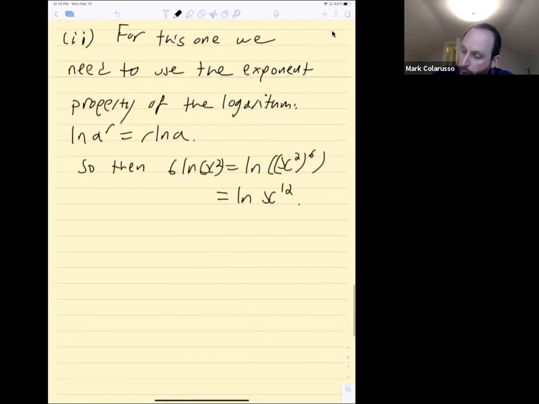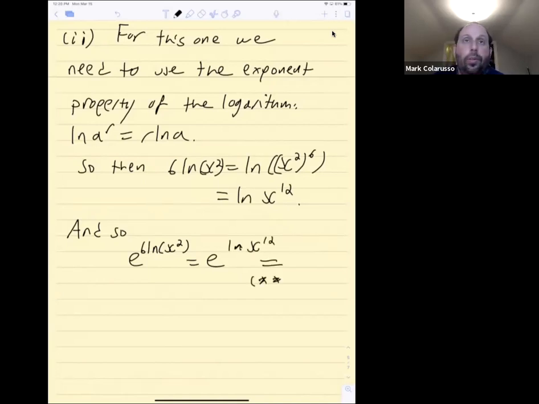All right, and so e to the 6 times ln x squared is e to the ln x to the 12, which by this handy dandy equation double star, which says if you take the exponential of a single logarithm, they cancel out, and so it's x to the 12.